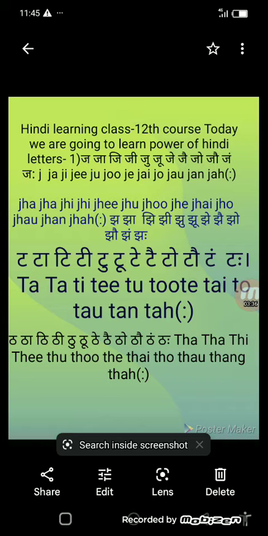Tai, T-A-I, tai. To, T-O, toe. Tau, T-A-U, tau. Tang, T-A-N, tang. Tah, T-A-H, tah. And here the two dots are called visarg in Hindi, visarg.